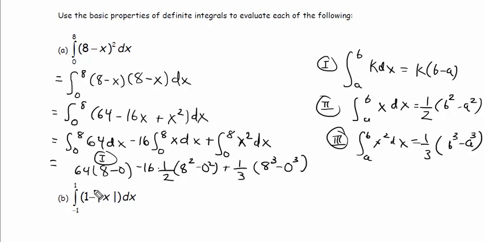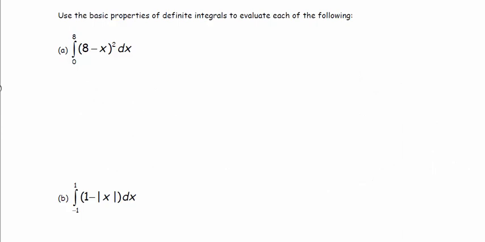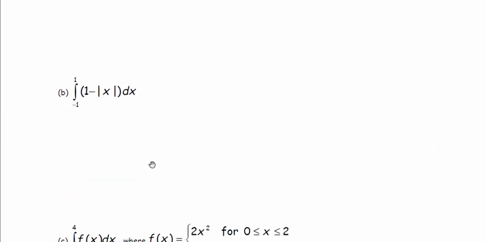And I really would encourage you to do this on your calculator to make sure that you get this number by hand, but it is 512 over 3. So you can check to make sure that you are getting 512 over 3. Now, let's move on to part B here.